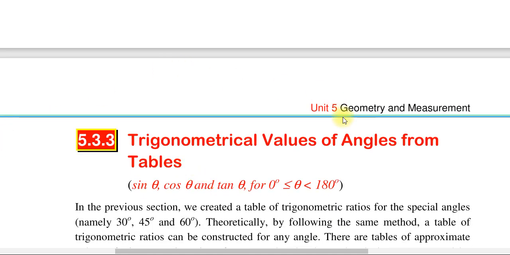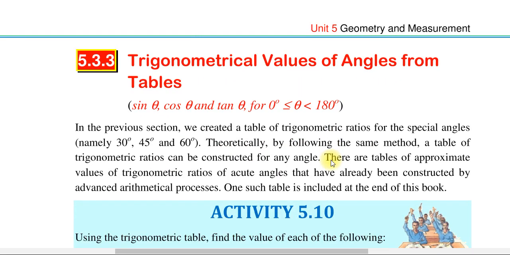Next, the trigonometric value of an angle from a table. The table is at the end of the book. We can use it to determine sin theta, cos theta and tan theta for 0 degrees less than theta less than 90 degrees.